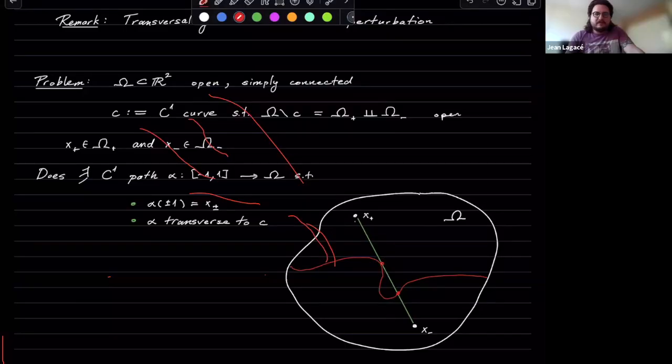Wiggle it a bit. Wiggle. Okay. Perturb. Local perturbation. Excellent. Yeah, exactly. So we want to perturb, but we have to perturb correctly, because if we just wiggle that curve a little bit, it could have been that the actual C was actually tangent there. In which case, maybe that's a bad perturbation.